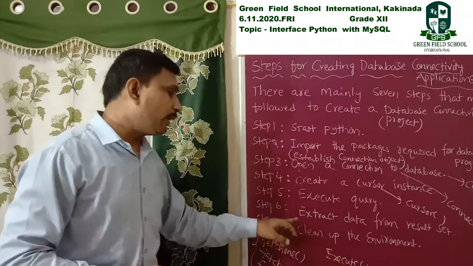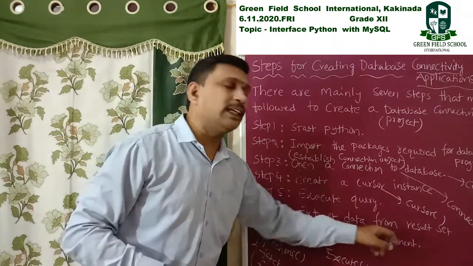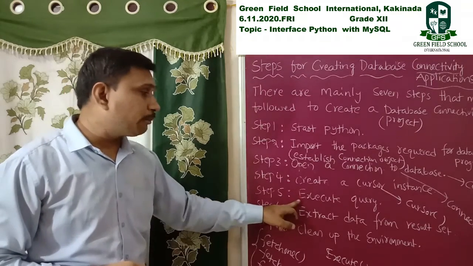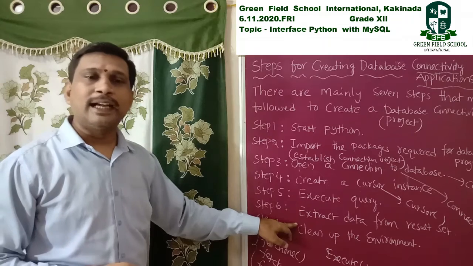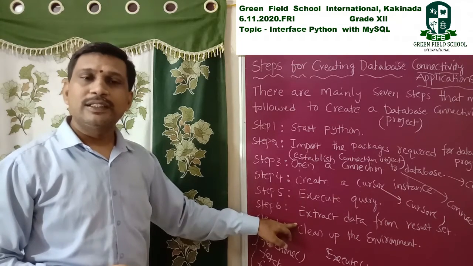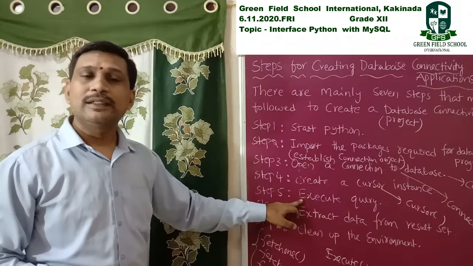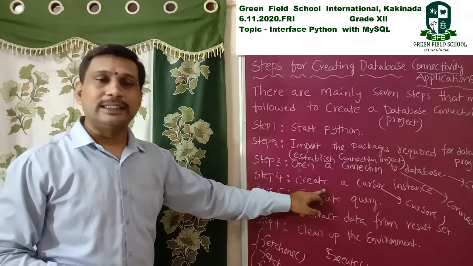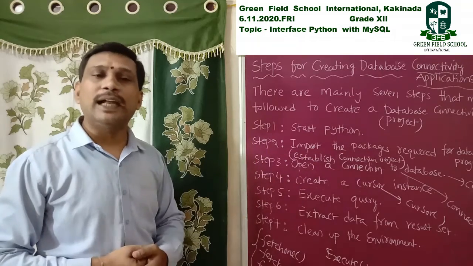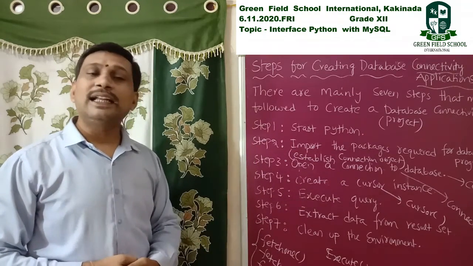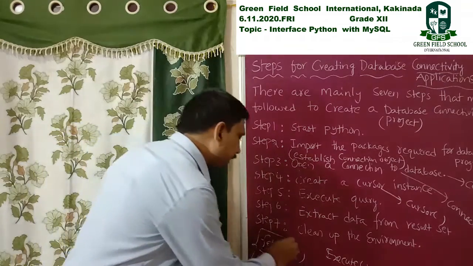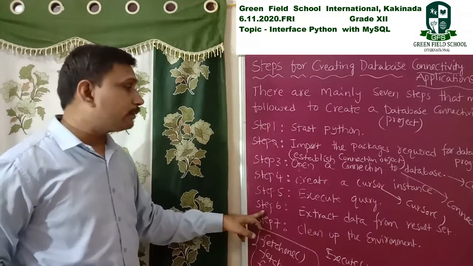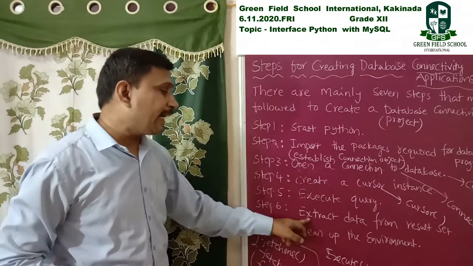Next, coming to extract data from result set. We already placed our required data. When you execute, some data is present in this cursor object or cursor instance. Then we fetch data from that cursor object by using these three methods. So in the sixth step, from this cursor instance, we extract data.